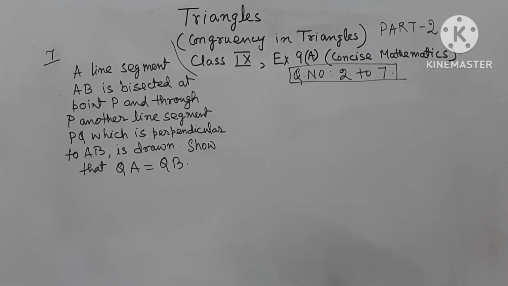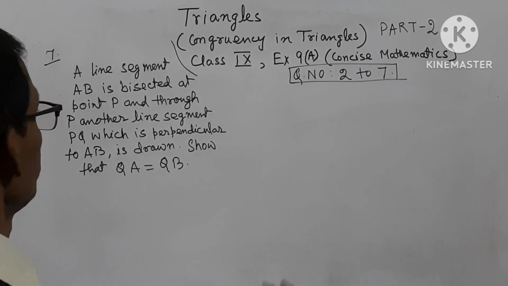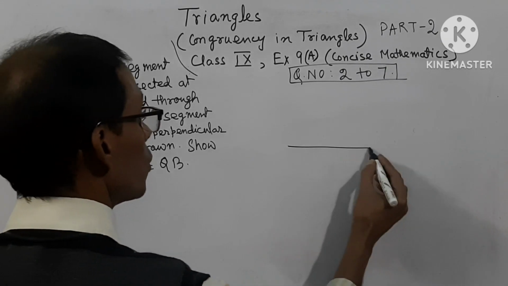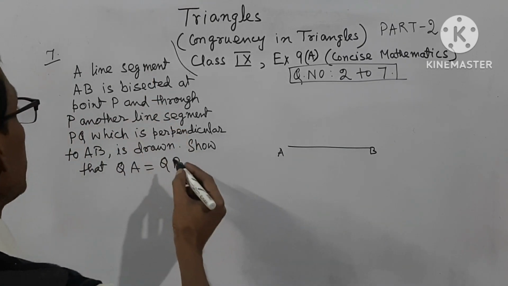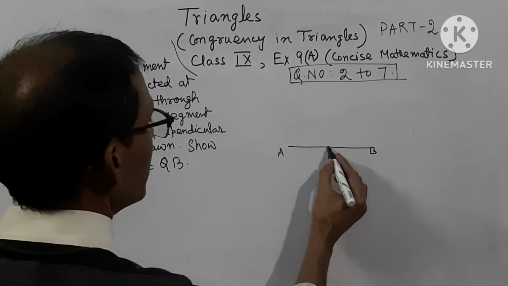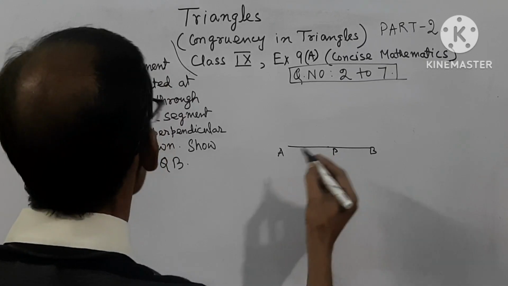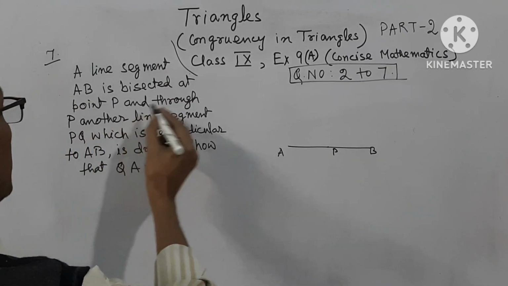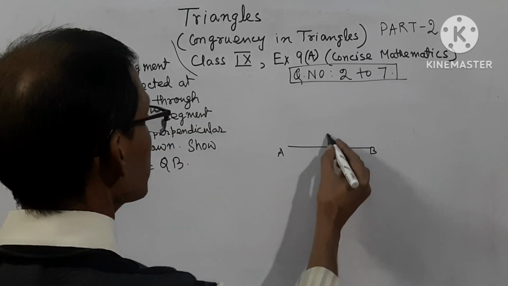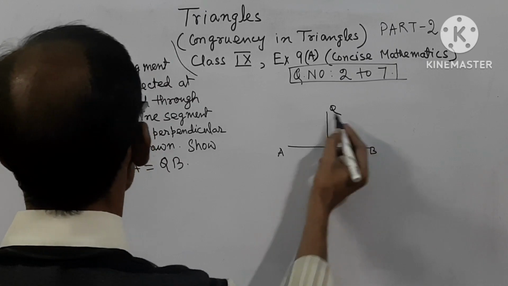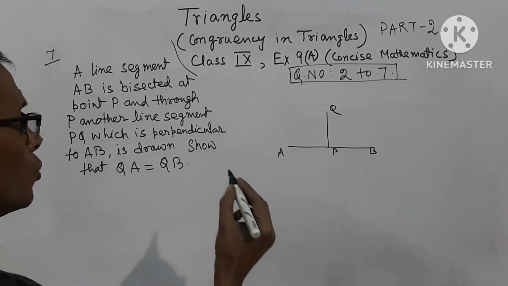Question number 7. A line segment AB is bisected at point P. Let's draw AB, and AB is bisected at point P. That means P is the midpoint. And through P, another line segment PQ is perpendicular to AB.